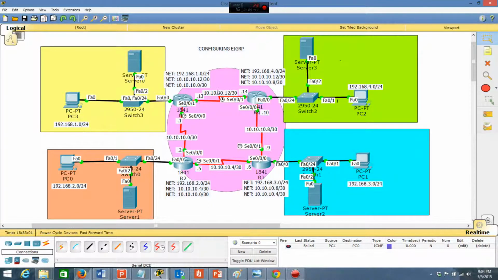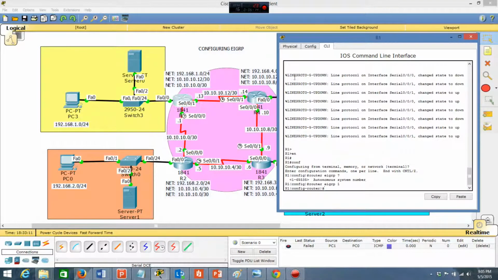So we have 10.10.10.12, which is linking this router and this router, and we also have 10.10.10.0, which is linking this router and this router. You wouldn't want to include this link, because it is not directly touching this router. Those links will be configured on the directly connected routers. So you just want to work with this link, this link, and this link.